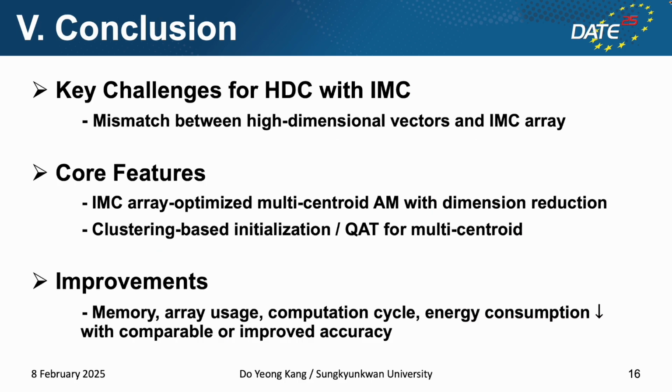In conclusion, our research tackles the challenge of mapping high-dimensional HDC class vectors onto IMC arrays. By introducing a multi-centroid associative memory optimized for IMC, we achieve comparable or superior accuracy relative to existing baselines while also improving memory utilization, reducing computation cycles, and lowering energy consumption.